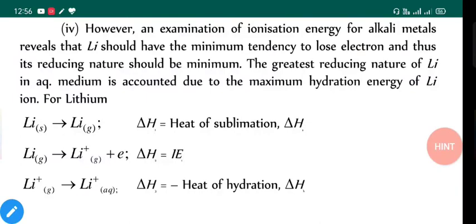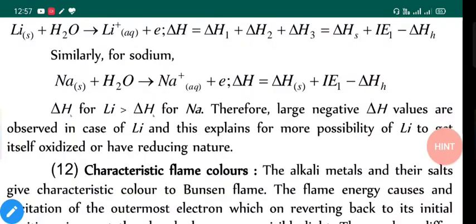Lithium should be lowest by this trend, but it is actually opposite. The value for lithium should be lower, but as we already saw, it is quite high. The reason for that is it has maximum hydration energy, as the reactions mentioned show. When solid lithium is mixed with water, it forms lithium plus in aqueous solution by losing an electron.